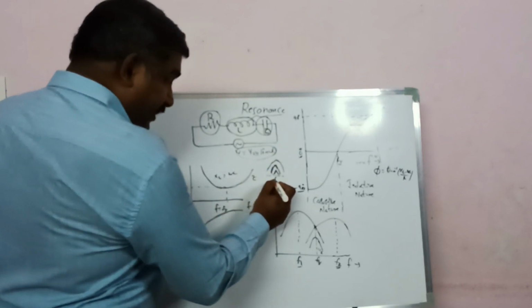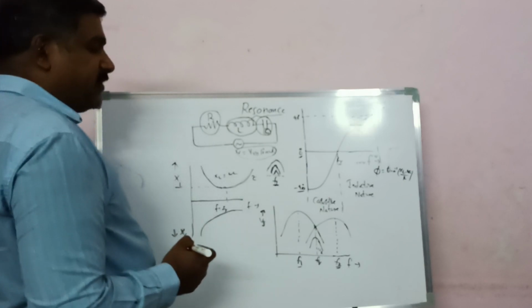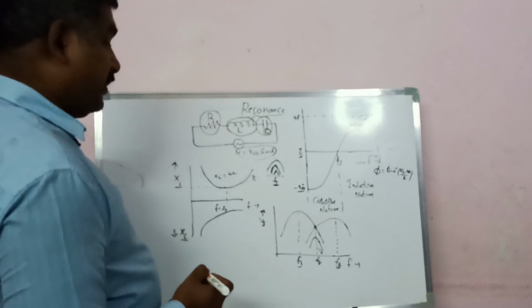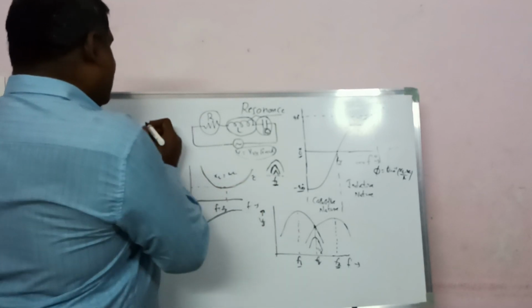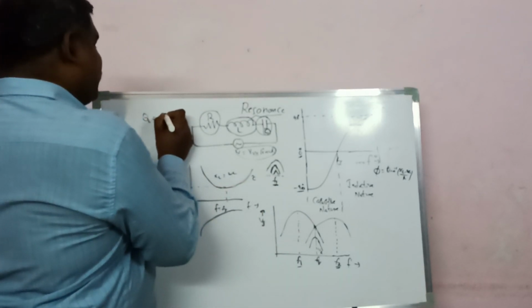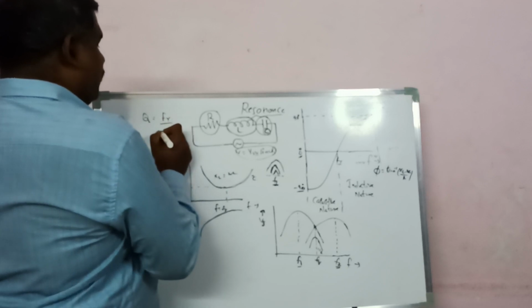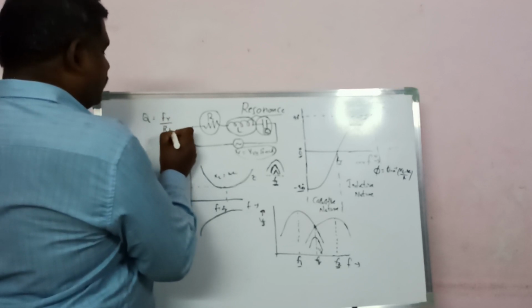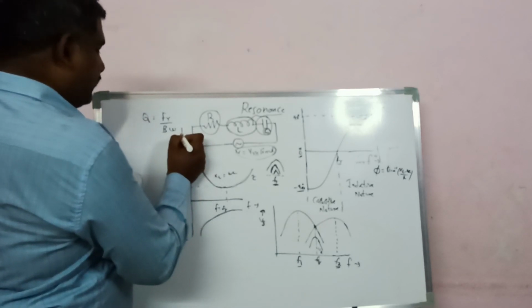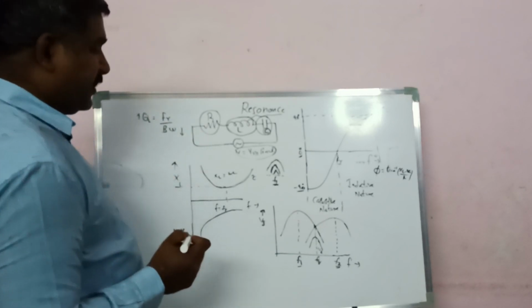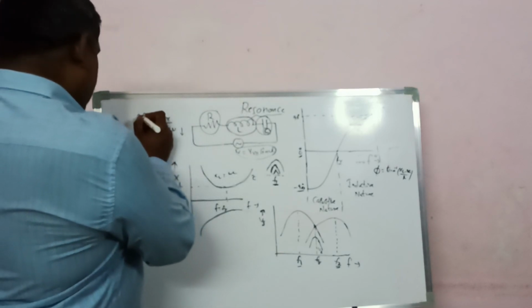Here what I would like to mention is that once the bandwidth is reduced, as I said earlier, the quality factor, which is defined as the ratio of resonant frequency to the bandwidth, increases.